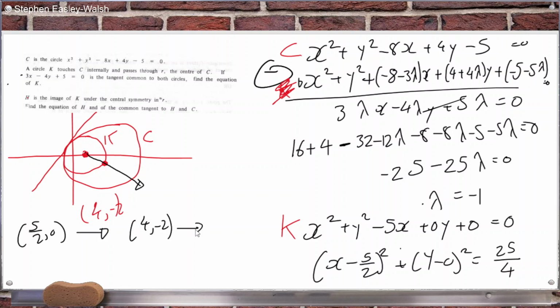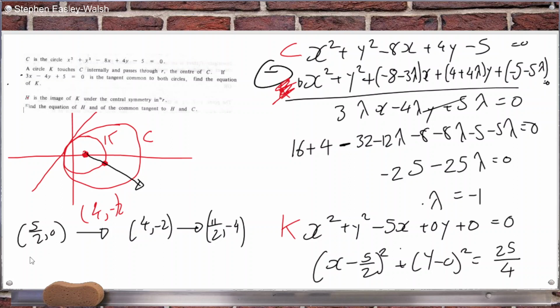So if you do that one more time, what the transformation is, you're adding 1.5. So that would be 11/2, and you're subtracting 2, so that's -4.